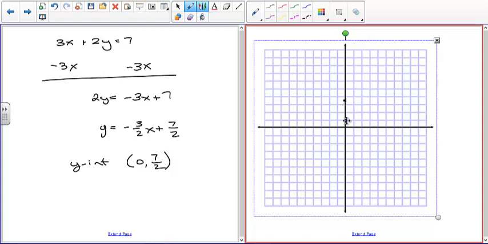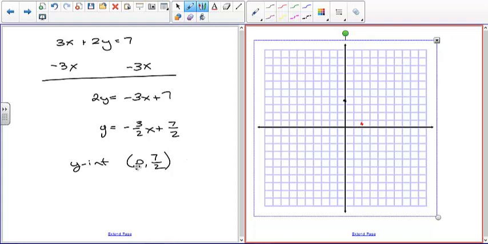Actually, go down 3 and over 2. So let's do that. The slope is 3 halves, so we're going to go down 3. 1, 2, 3. And over 2. 1, 2. So that would be this point right there. It's not the intersection of 2 grid lines.